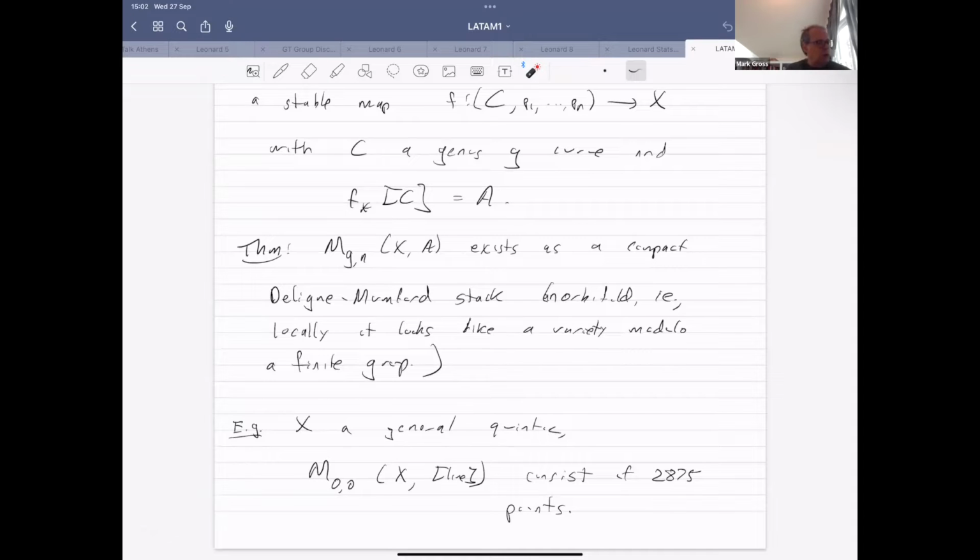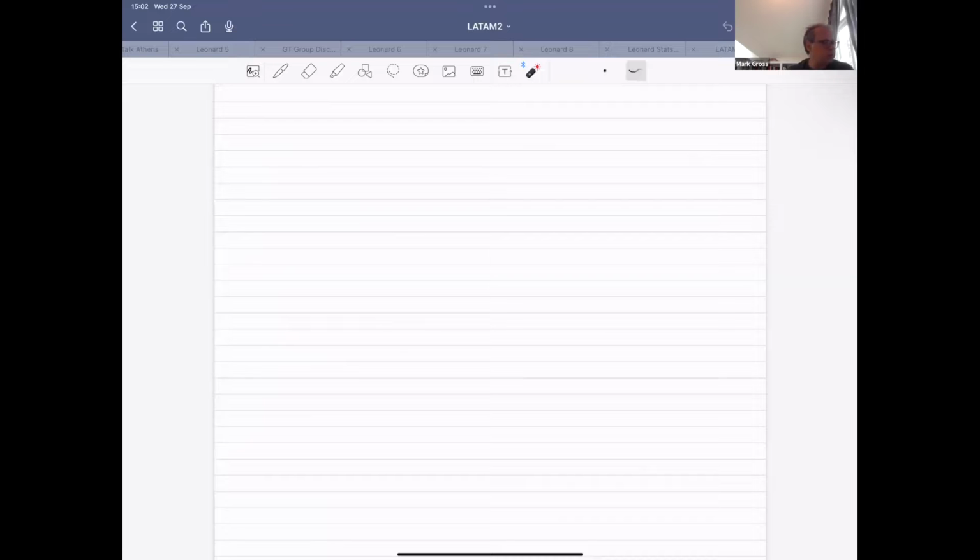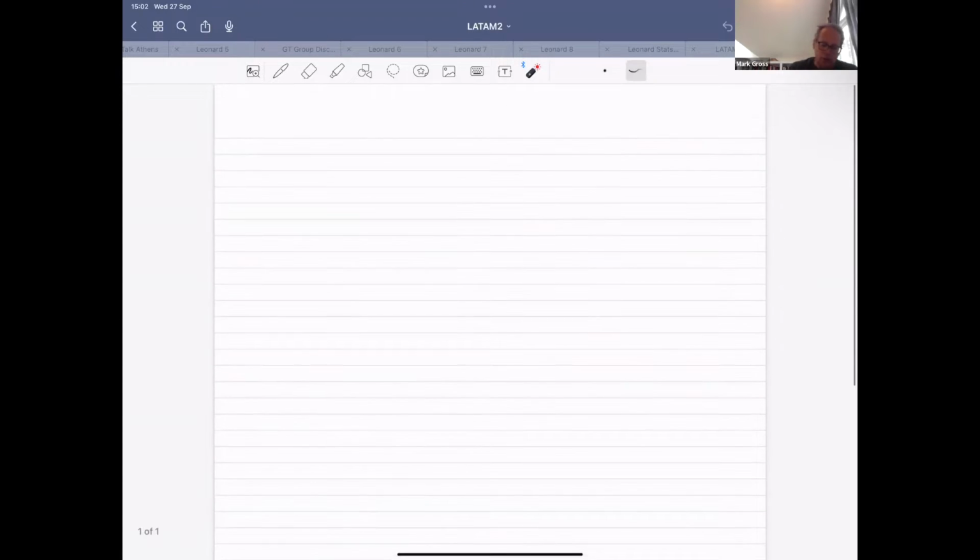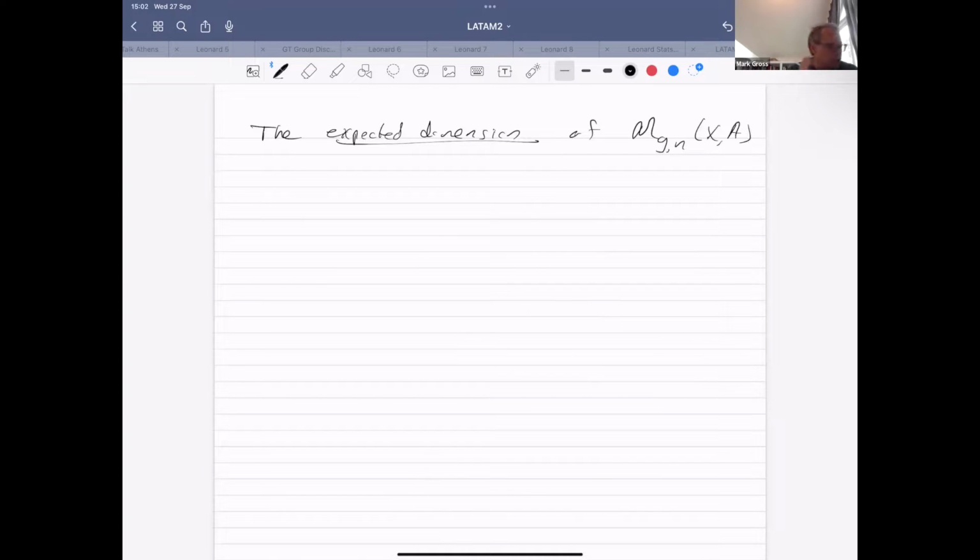Okay, so let me go to a fresh set of notes since these files get pretty big otherwise. So there's a notion of expected dimension. The expected dimension of M_{g,n}(X,A), I'll say a few words about what that means, is the following quantity.